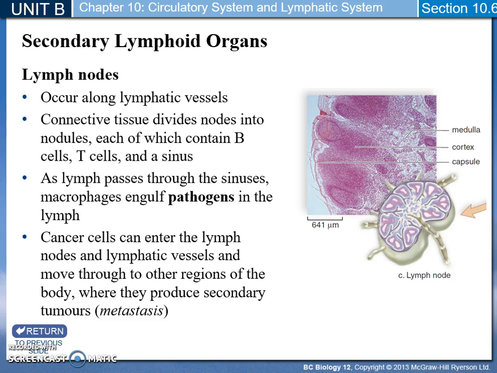And so this is often how cancerous cells can spread throughout the body. And often as well, when cancer is detected, the lymph nodes around the tumors need to be investigated for any evidence of cancerous cells that have seeded within the lymph nodes.